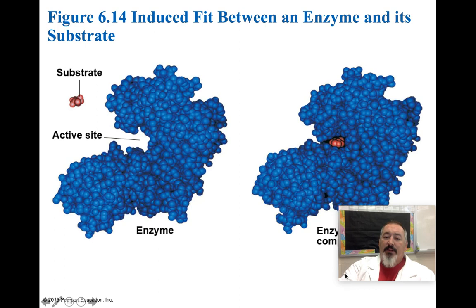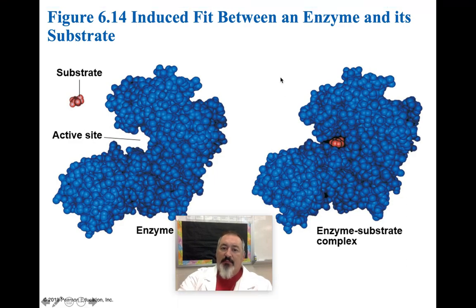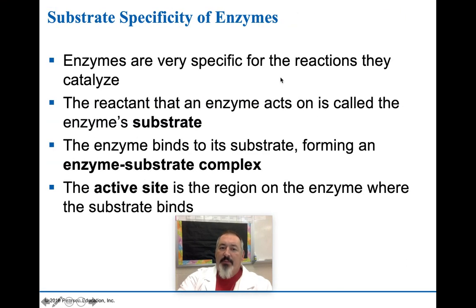And so this is going to be the enzyme here, and here's the substrate. The substrate is going to bind in the active site of the enzyme, and now this is going to be called the enzyme substrate complex. This is just talking about the intermediate that occurs with this. So let's make sure that we've covered that.